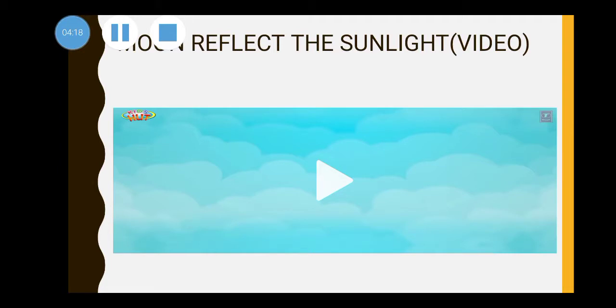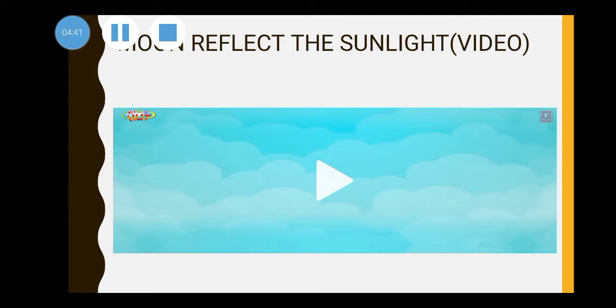We talked about the natural sources of light, which are the sun and stars. If I ask you in the exam to give reasons why the moon is not considered a source of light, we see the moon at night shining because it reflects the sunlight.